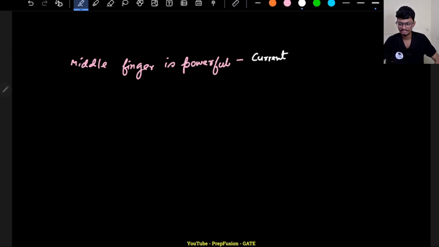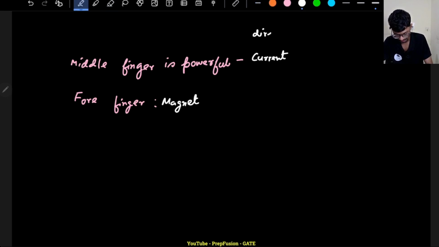Then we see that there are the thumb and the forefinger. The forefinger, you have to remember, is always for the magnetic field. These are all directions, right?